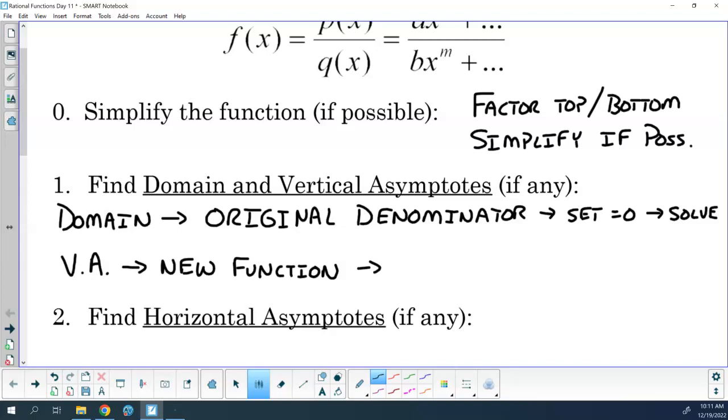And then it's so usually the vertical asymptote was the restrictions in our domain, but one of them might have fallen out if we can't do something else. We simplify.